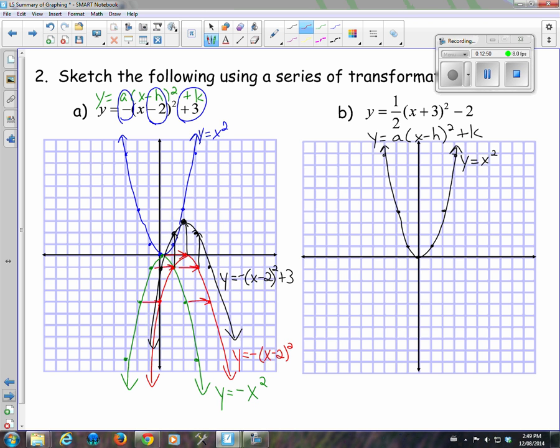So this time the A number is a fraction. It's a half. It's positive as well. So since it's positive, it will stay opening up. The half, however, will change my steps. The steps will not go up as quickly. Instead of stepping 1, 3, 5, the odd numbers, my steps will be half as big because there's a half in front of the x squared. So I multiply each step by a half.